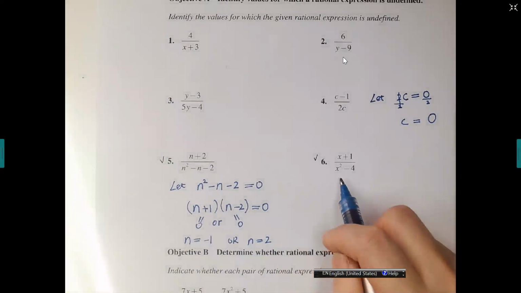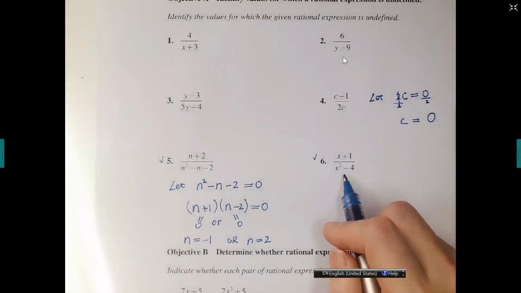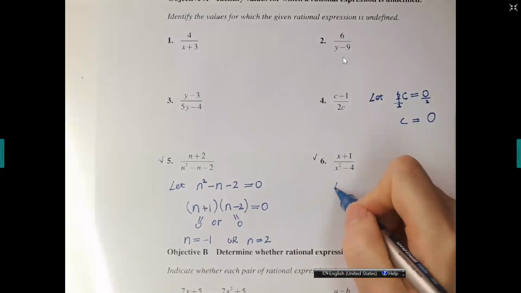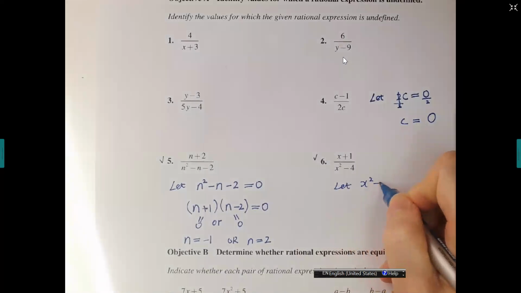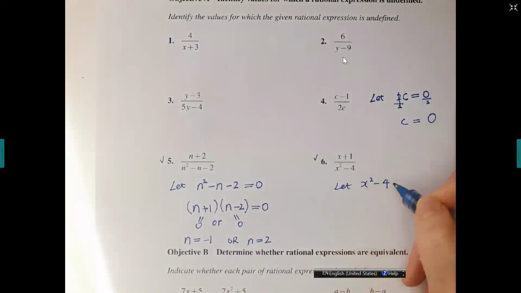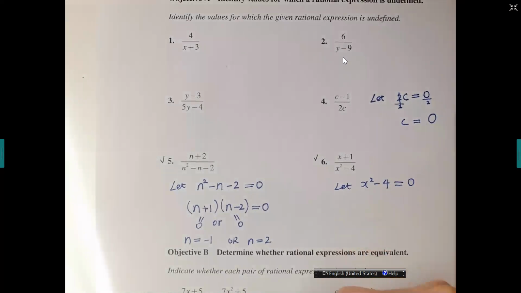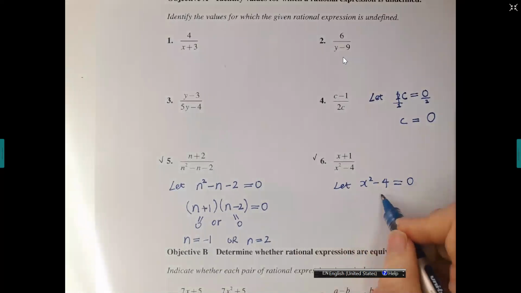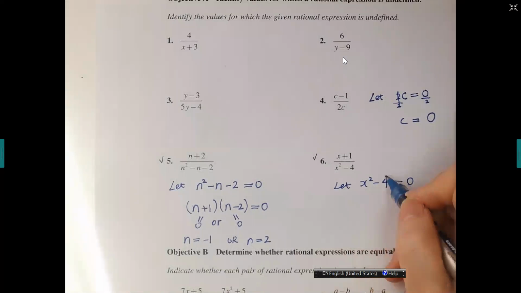Another quick review. To find the number that makes this rational expression undefined, we let the denominator, whatever the denominator is, be 0, and then solve for it. This is a special quadratic equation. On the left, we have a binomial, and this binomial happens to be the difference of squares because 4 is 2 squared.